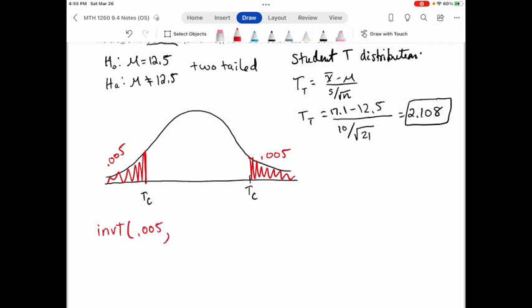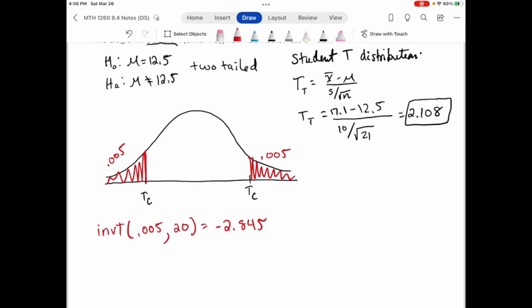For my t critical, I'm going to use inverse t. I'm going to put in my area, which is 0.005. That's my area to the left. And then I put in my degrees of freedom. Remember, your degrees of freedom is the sample size minus 1. Since my sample size here is 21, I'm going to put in that my degrees of freedom is 20.